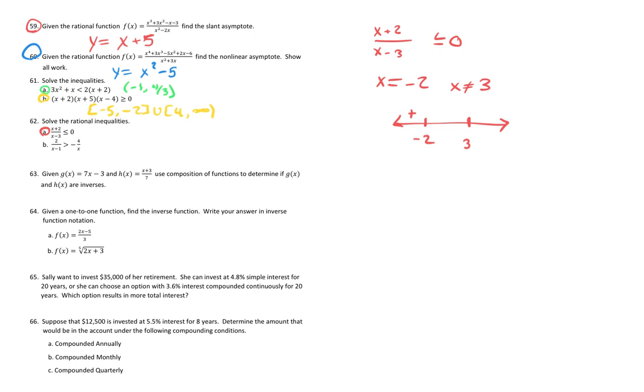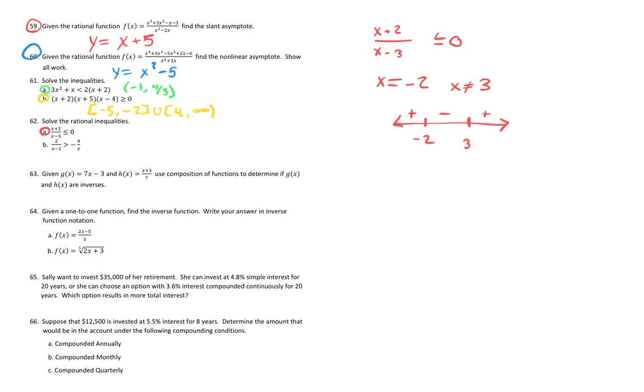And then if I choose a number between -2 and 3, let's say 0, I'm going to have 2 divided by -3. So that's going to be a negative number. If I choose a number greater than 3, like 4, this would be 6 divided by 1, so that's going to be a positive. So we can see that the only interval where our function is less than 0 is from -2 to 3.